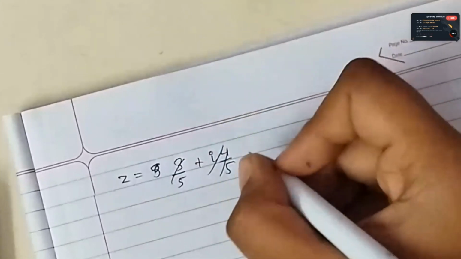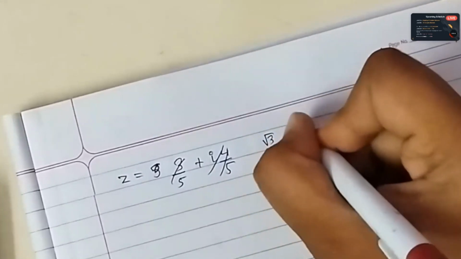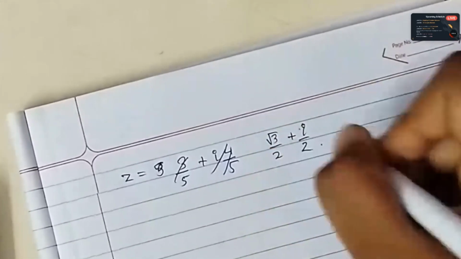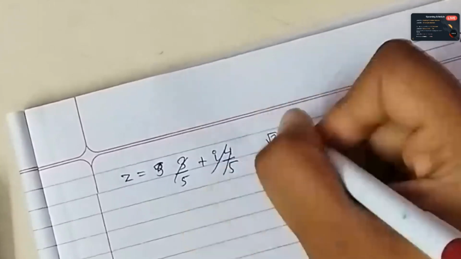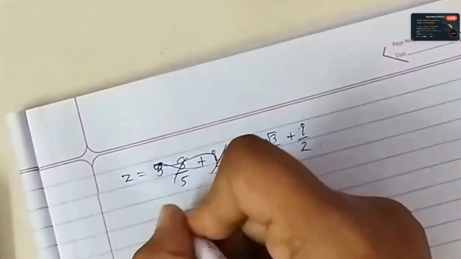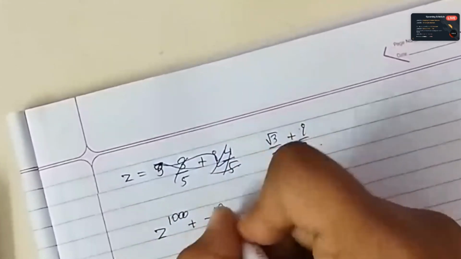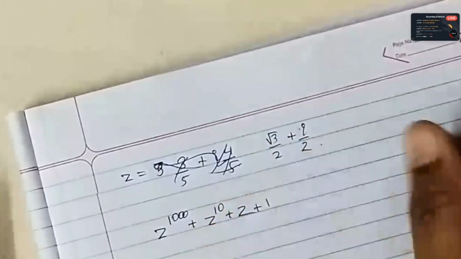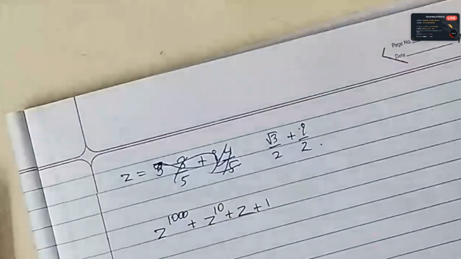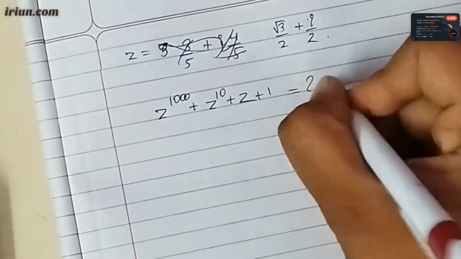Or even, let's make it easier for the first time, root 3 by 2 plus iota by 2. Okay, that is your number, and you need to figure out this solution. Let's say, for example, we need to do this thing. This is the question that is proposed. What is the value of this?